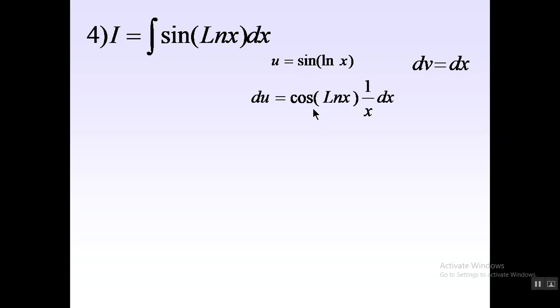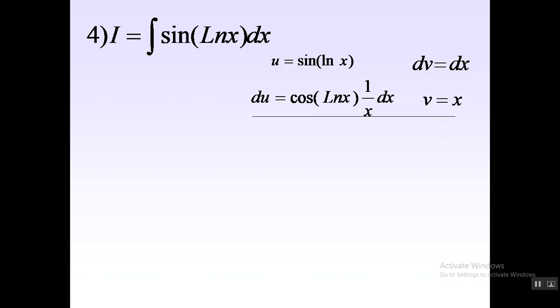The differentiation is du equals the derivative of sine. We need to apply the chain rule here. The derivative of sine is cosine, so it's cosine ln x. Now you need the derivative of ln x, which is 1 over x dx. On this side we integrate, so we get v equals x.